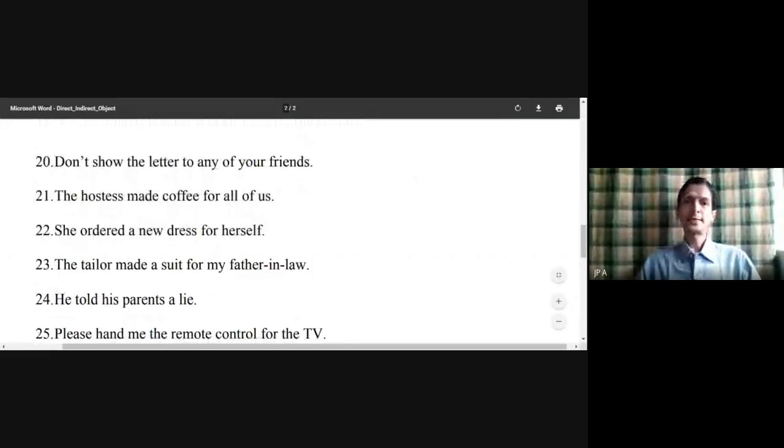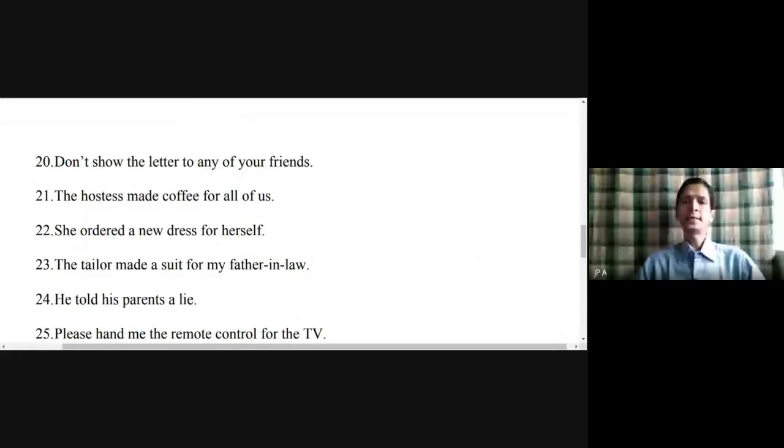Okay, the next one. Don't show the letter to any of your friends. Show is the verb. Show what? The letter is the direct object. And to whom? Show it to whom? Any of your friends is the indirect object. So we have 4 words here: any of your friends.